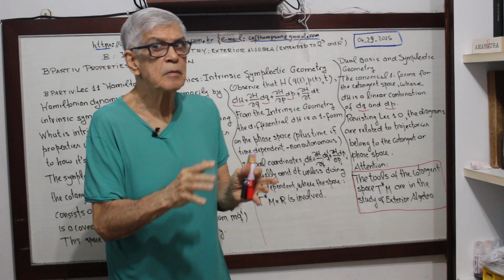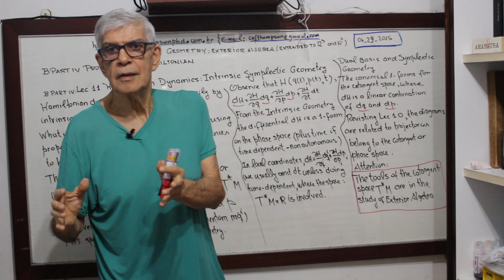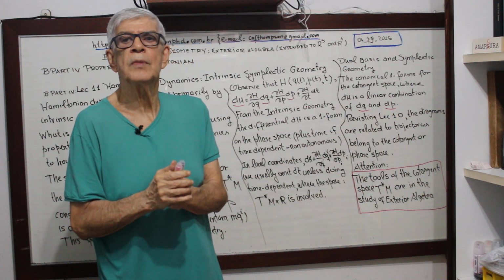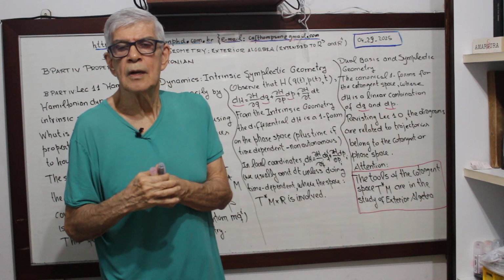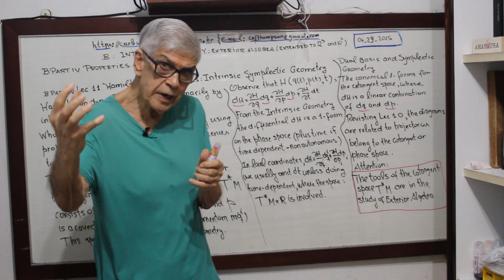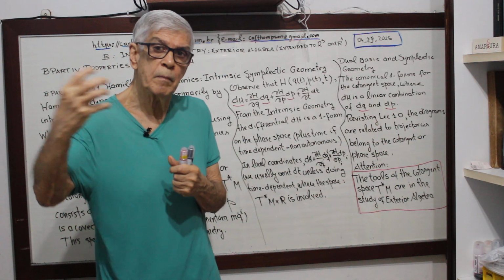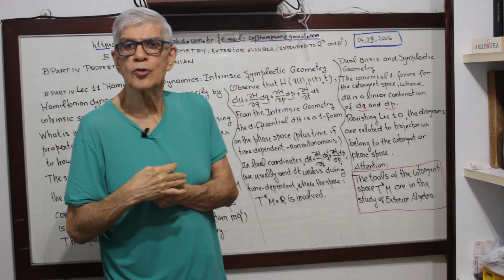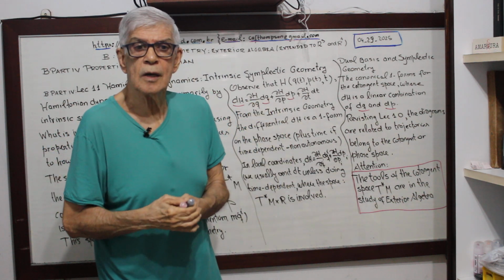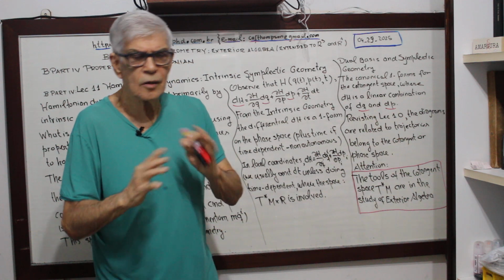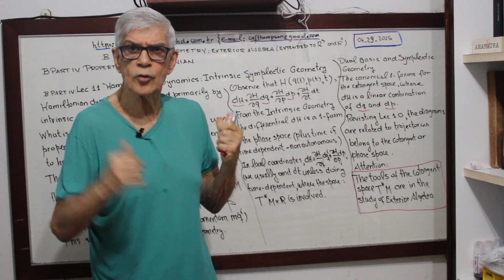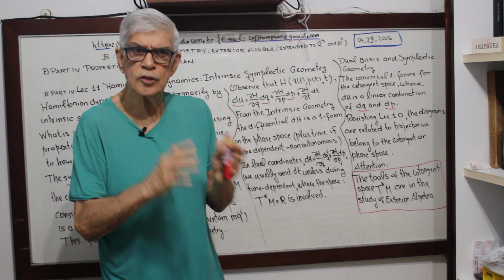Intrinsic geometry does not necessarily imply symplectic, but the reverse is true. Symplectic geometry is associated to the intrinsic geometry. When the Hamiltonian brings the symplectic geometry, it belongs to the symplectic. In the literature, this seems a little confused, so that's why in this lecture 11, I'm emphasizing the difference between them.